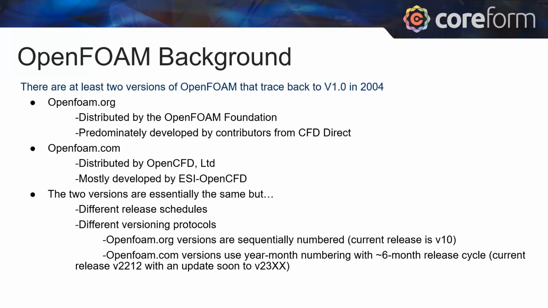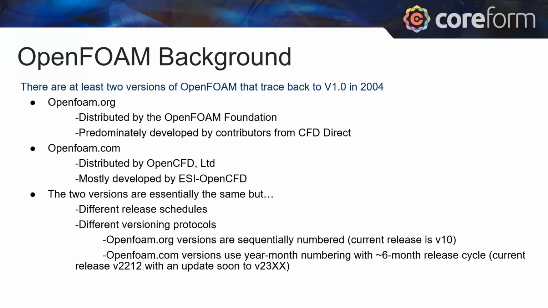The 2 versions are essentially the same, but they have 1 different release schedules and 2 different versioning protocols. So for example, OpenFoam.org versions are sequentially numbered, with the current release being version 10. Whereas OpenFoam.com versions use a year-month numbering with approximately 6-month release cycle between them.